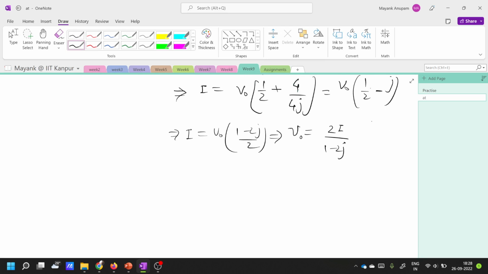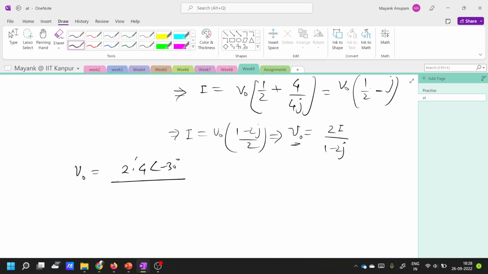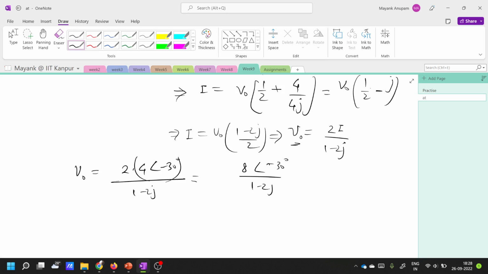So you have found out what V0 is here. V0 is equal to 2 times I, and I is 4 angle minus 30. So this is 4 angle minus 30 degree divided by 1 minus 2J. This becomes 8 angle minus 30 degree divided by 1 minus 2J.